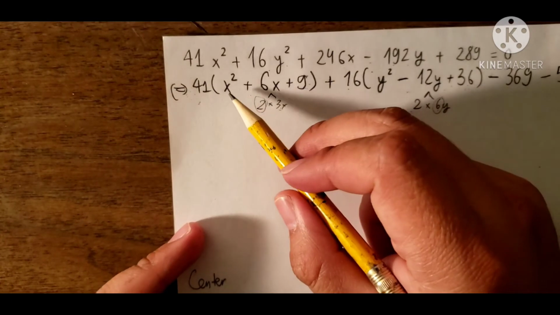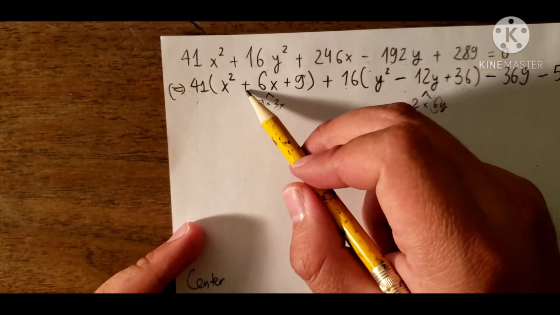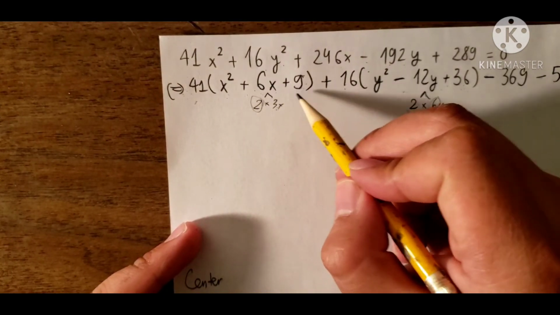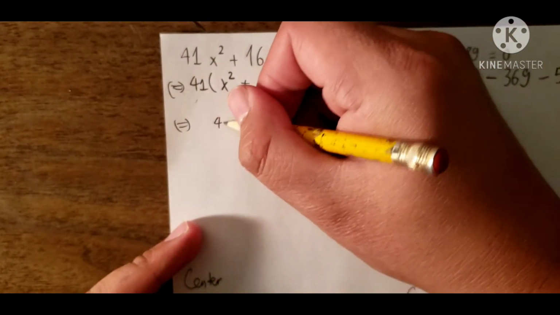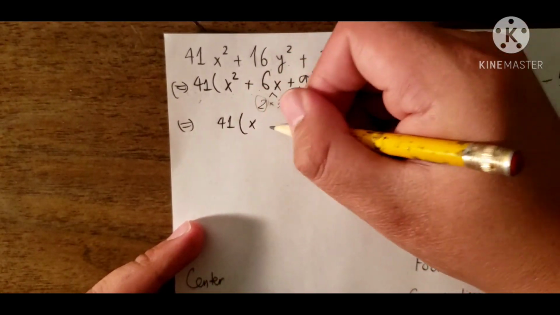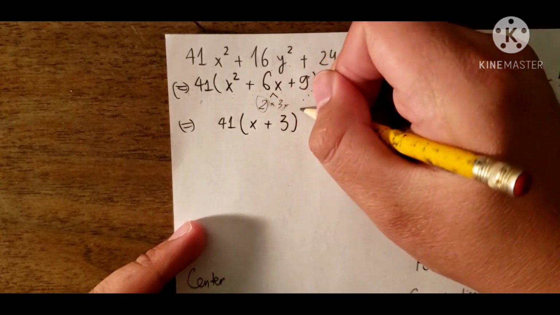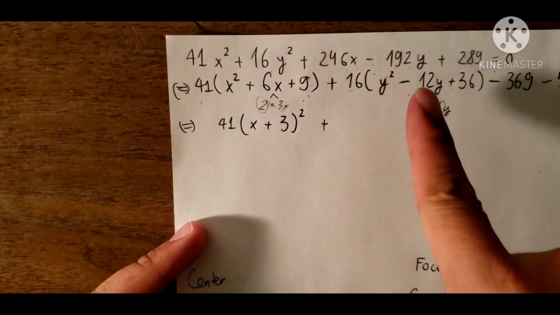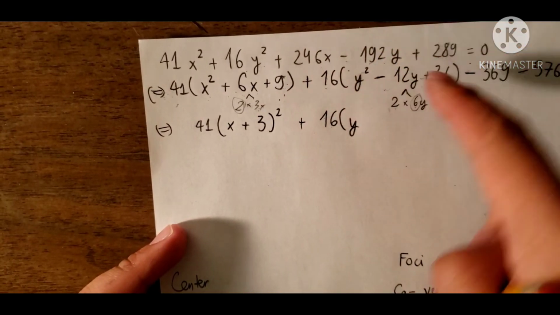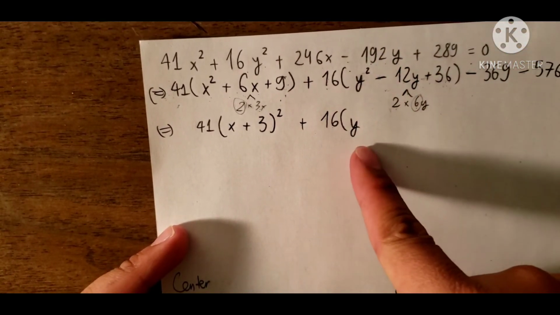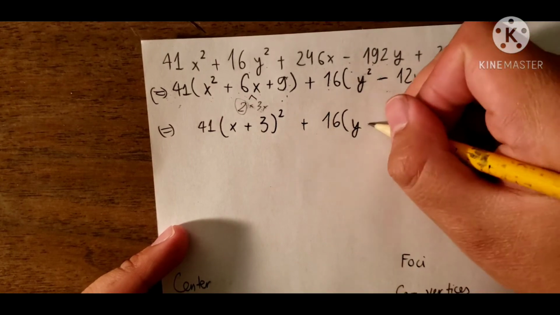So this one we have x power 2 plus 2ab plus b power 2, and this is 41 times (x plus 3) power 2. This number is the same too. We have y power 2, so we have the y, we have the minus, and we put the minus.